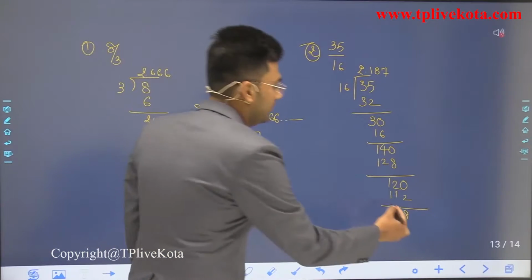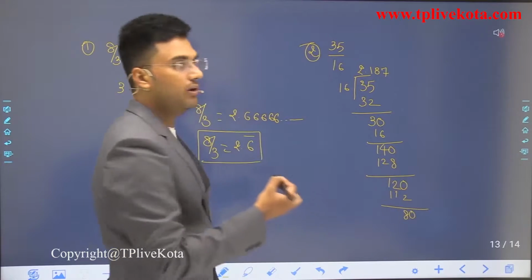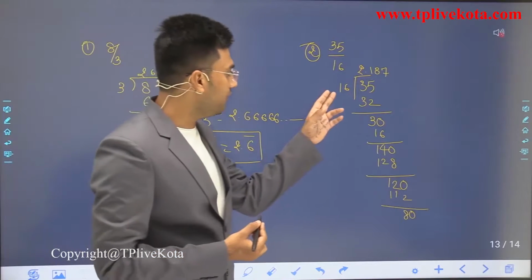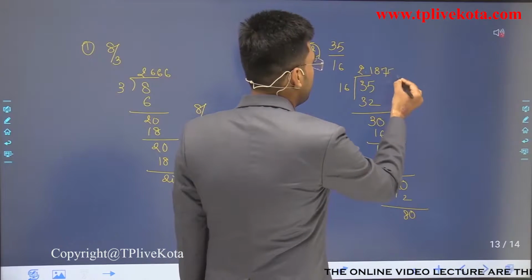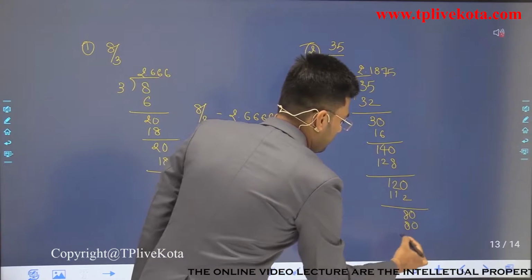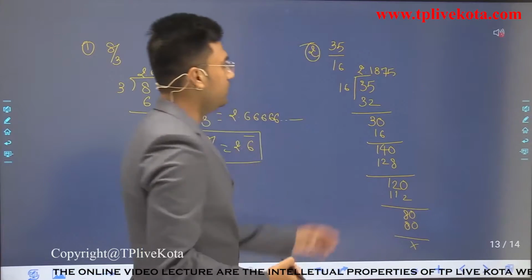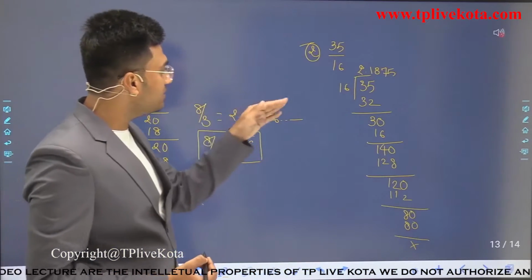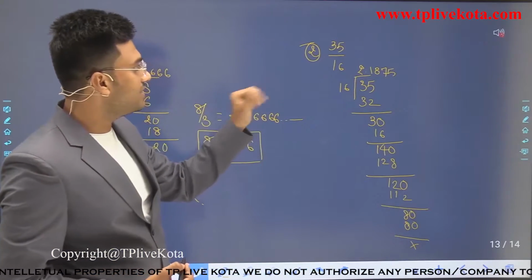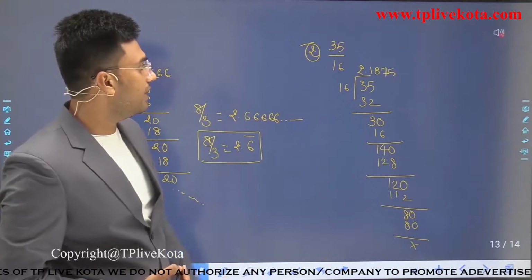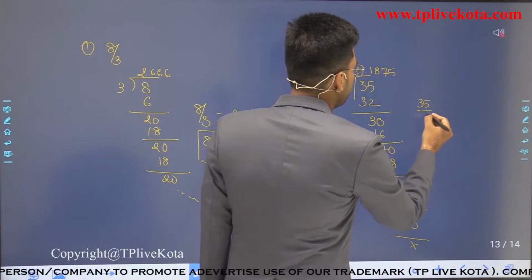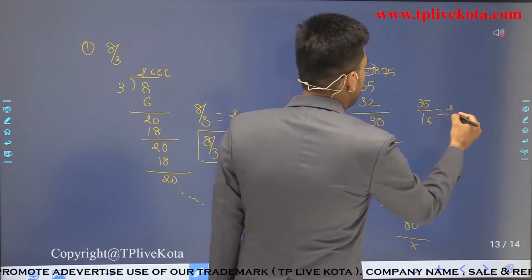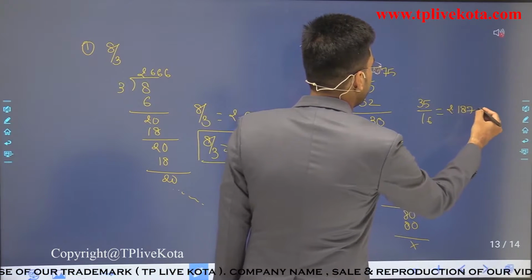Then it becomes 80, because we already used the decimal. We have to divide 80 by 16. 16 times 5 is 80. So we can see that 35 by 16 is equal to 2.1875.